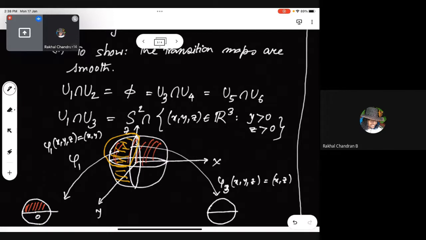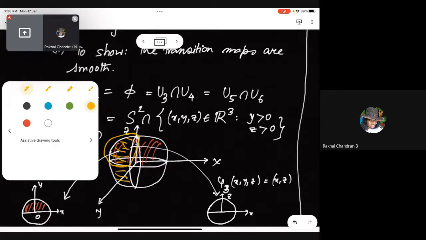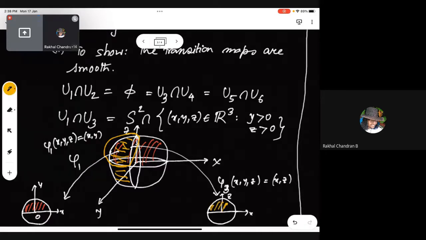Here it is the x-axis and the y-axis, and here it is the x-axis and the z-axis, right? So z is greater than 0, so here this part, right?